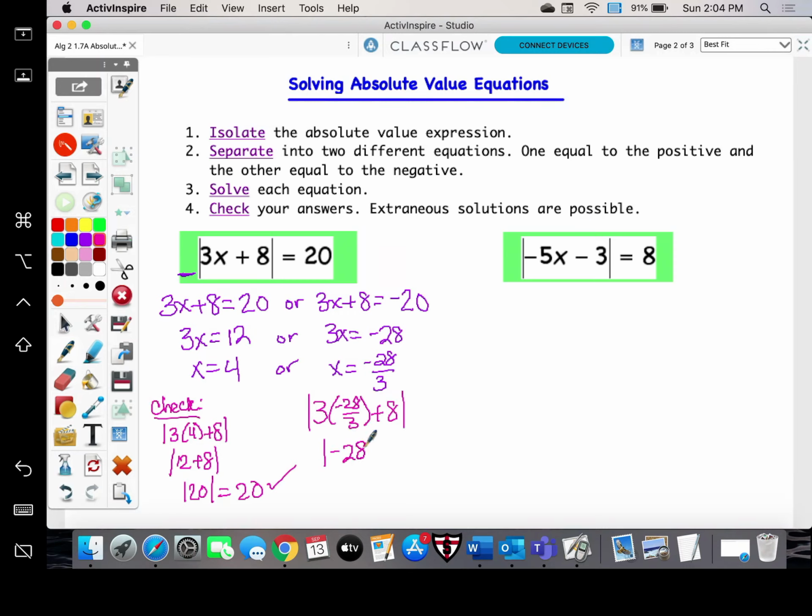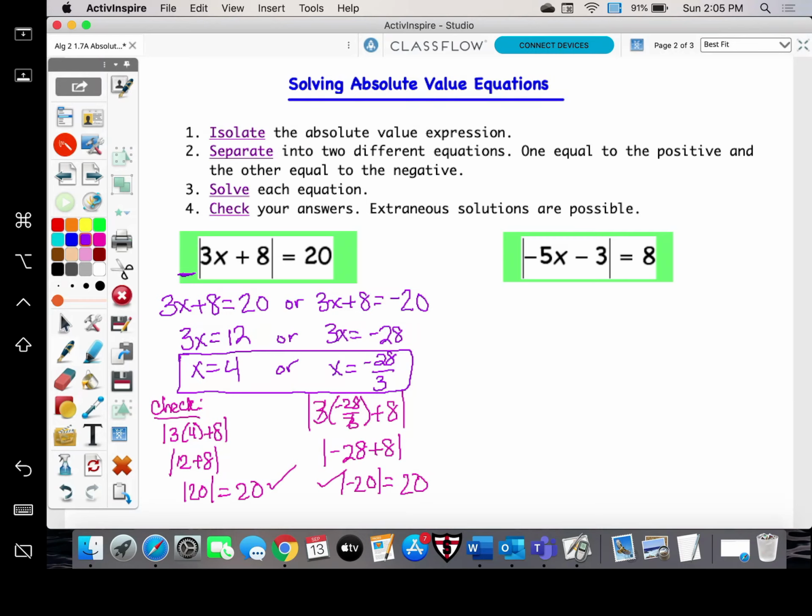So that's negative 28 plus 8, because those 3's cancel. Absolute value of negative 20 is equal to 20, so that one checks out too. Now that both have checked, I can go back and box in my answers so we know where they are.